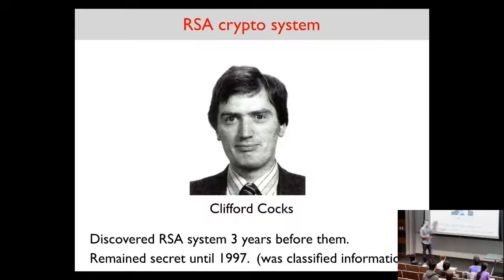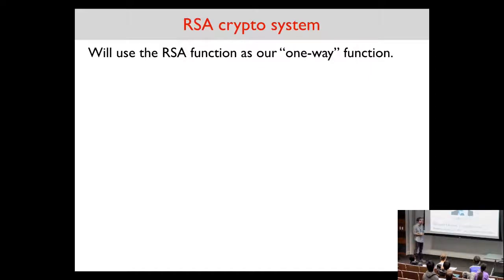This remained secret until 1997 because it was classified information. He was working for the British intelligence agency. They didn't really know how to implement this system efficiently, so they didn't publish it or use it. But later on this was revealed.